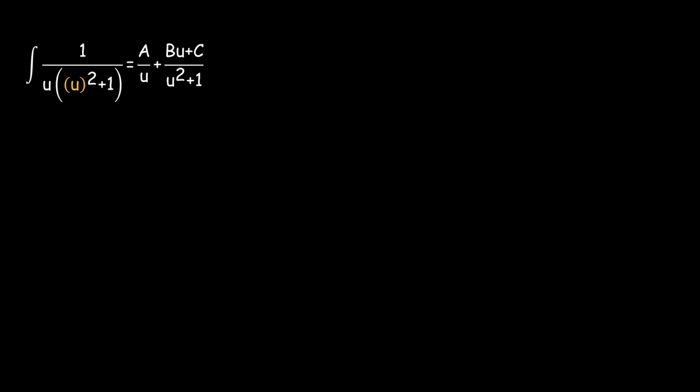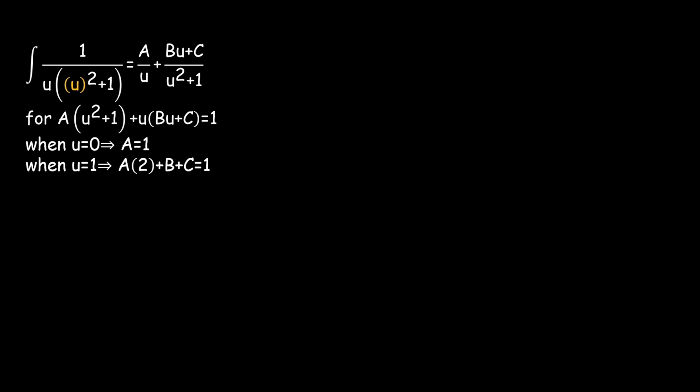Using partial fractions, we have a over u plus bu plus c over u squared plus 1. When we simplify, there's just the numerators, right? We have a times u squared plus 1 plus u times bu plus c equal to 1. We can actually substitute u equal to 0 so that we can calculate a. That gives us a equal to 1, right? And then we'll substitute u equal to 1 so that we have a times 2 plus b plus c equal to 1.